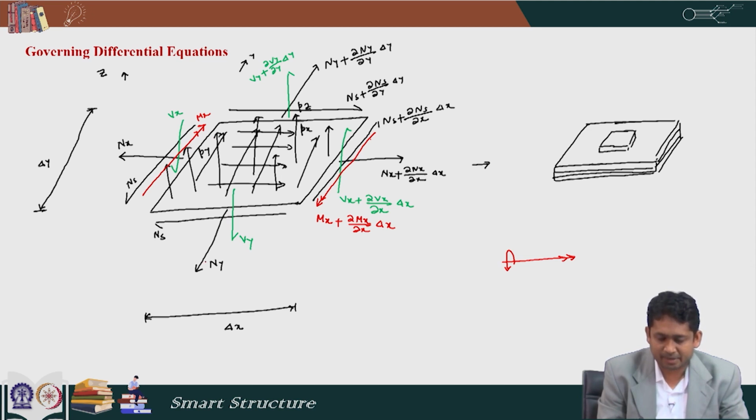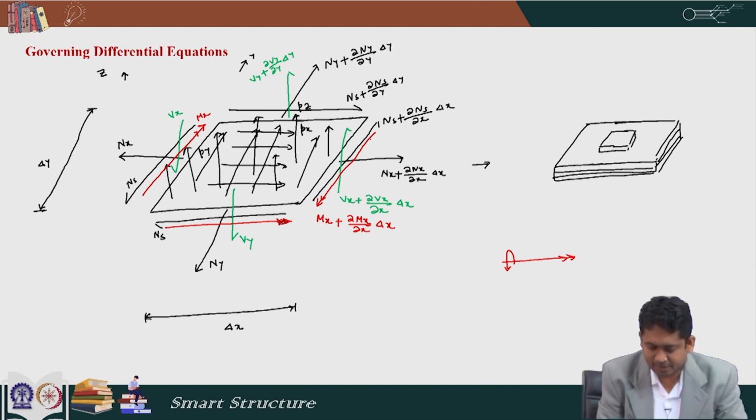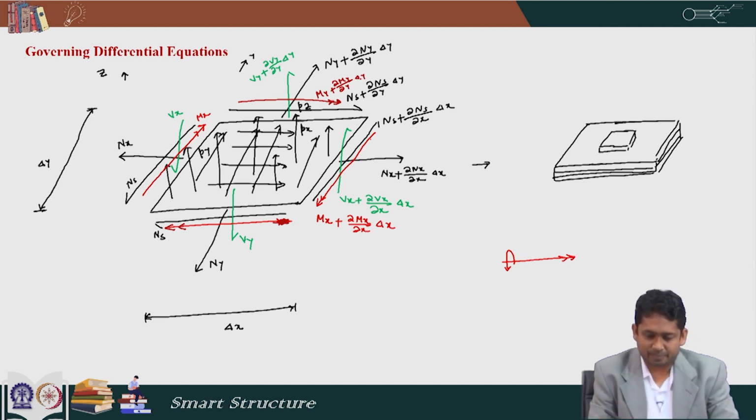Similarly, there can be my, and my at this face is like this, and my plus its increment del my by del y multiplied by delta y.